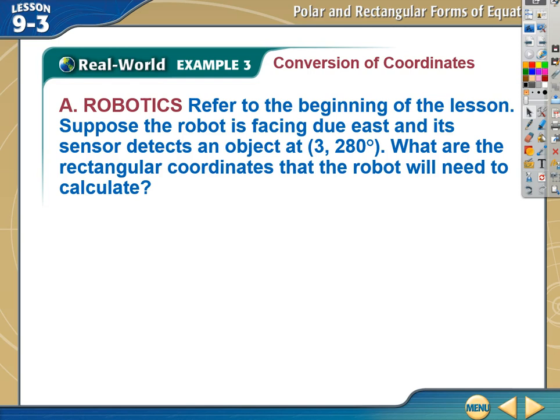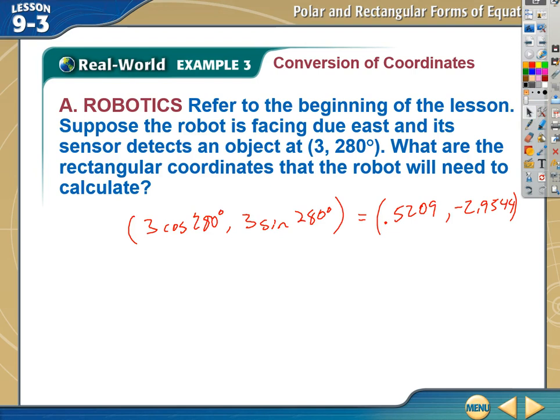What are the rectangular coordinates that the robot will need to calculate? Okay, so I want to put this into rectangular form. I'm going to hit pause. I want you to write out how you write this in rectangular form. Here we go, I'm going to pause it right now. There it is.